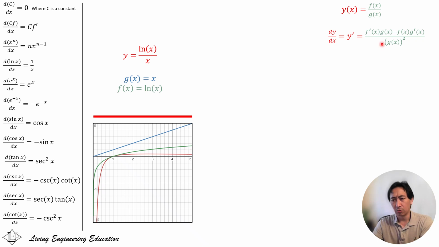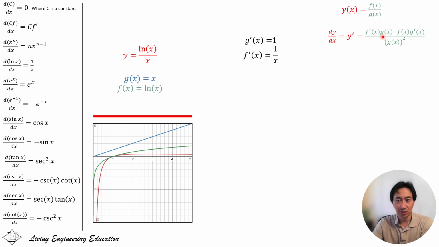And so now we can apply the quotient rule, right? So derivative of x is just 1. Derivative of natural log x, where did we have it? Oh, right here, 1 over x, right? And so now I can plug it in here. So f prime is 1 over x, g of x is x.